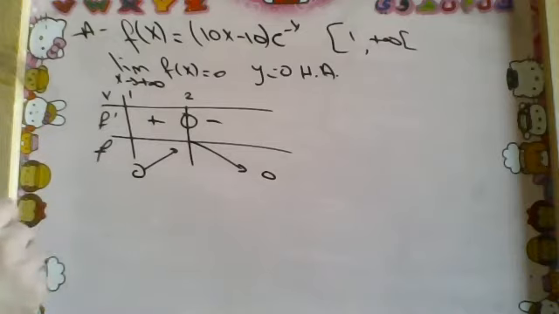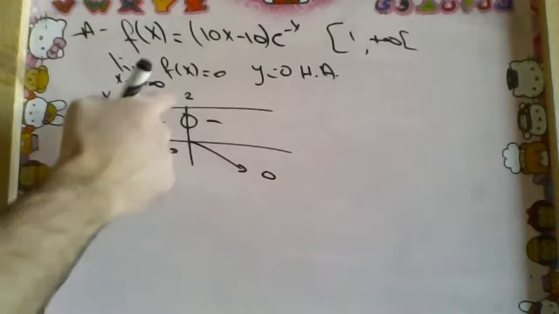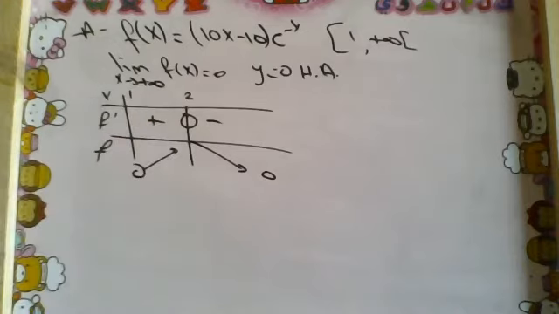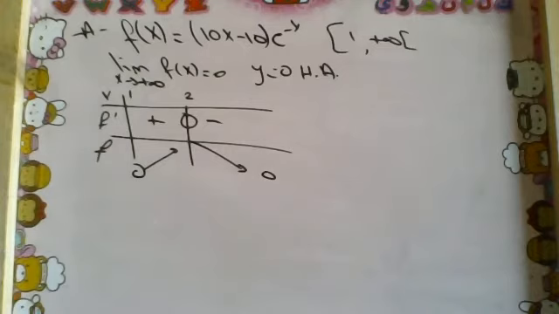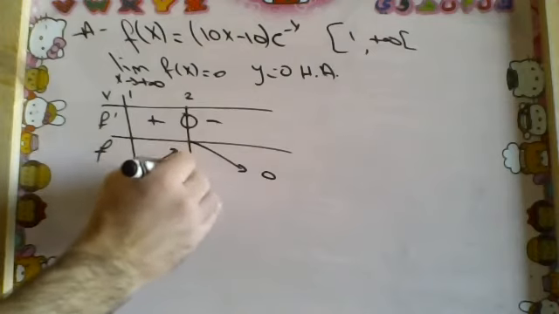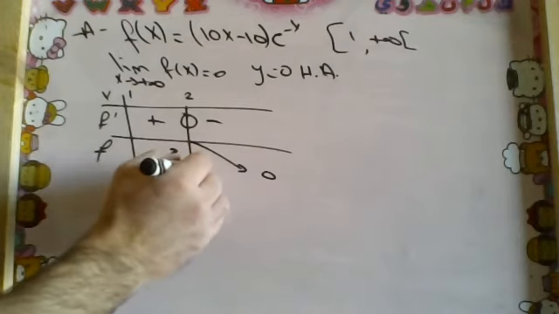At the maximum at 2, what was the maximum at 2? F of 2. Do you still remember the answer? 3.67.